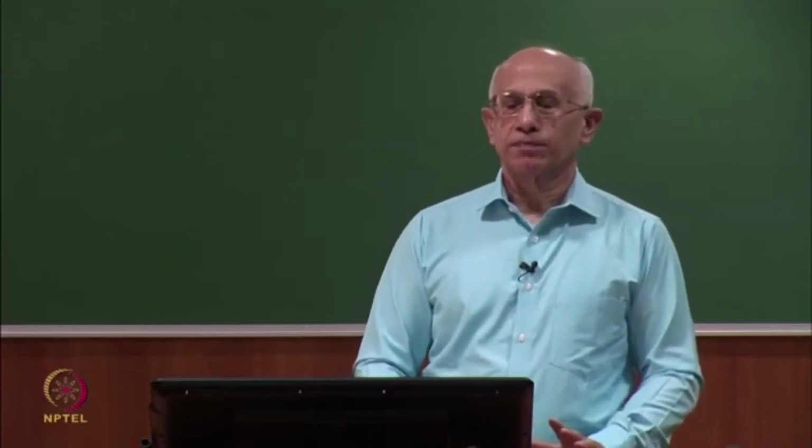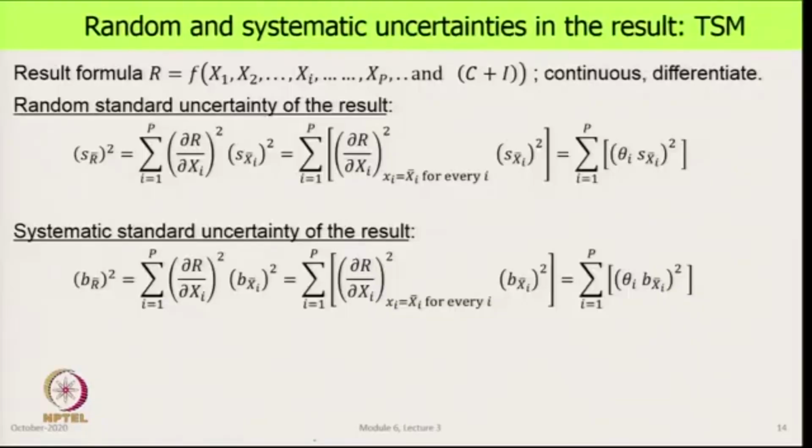Finally, we ask how can I calculate the random and systematic uncertainties in the result. Using the Taylor series method, instead of the combined uncertainty, we look at the random uncertainty, and in the second case, the systematic uncertainty.